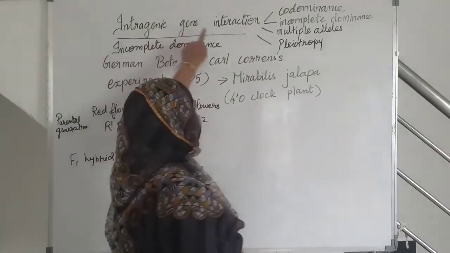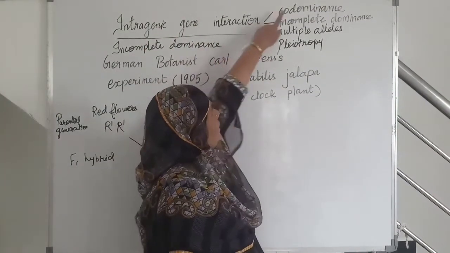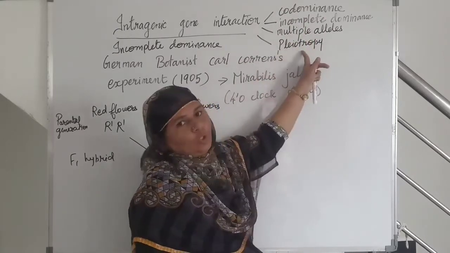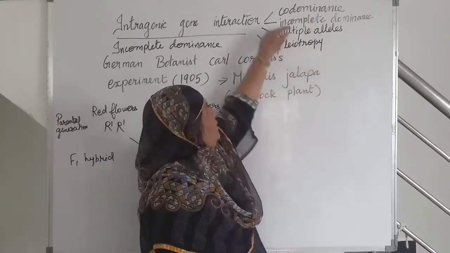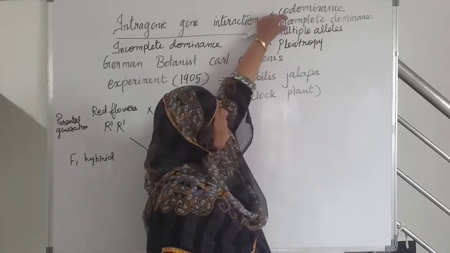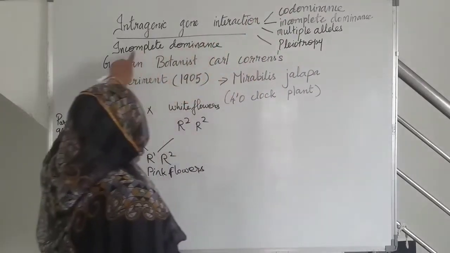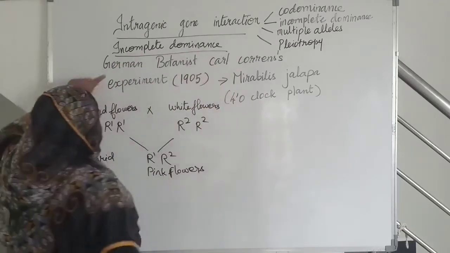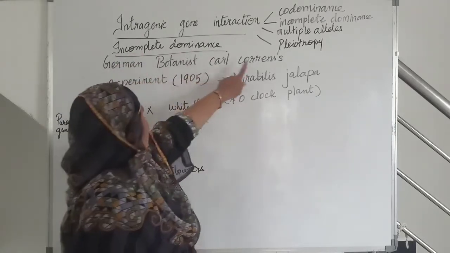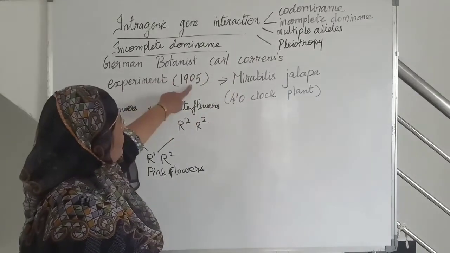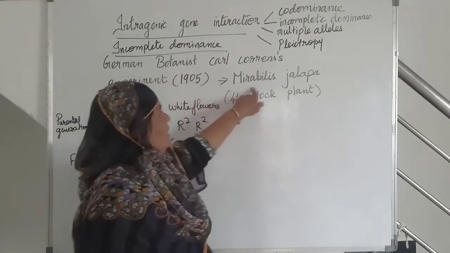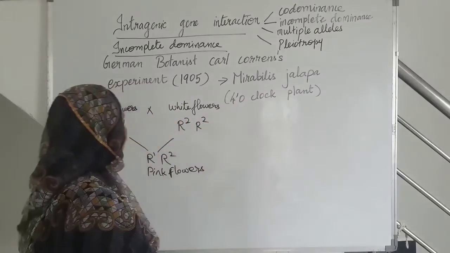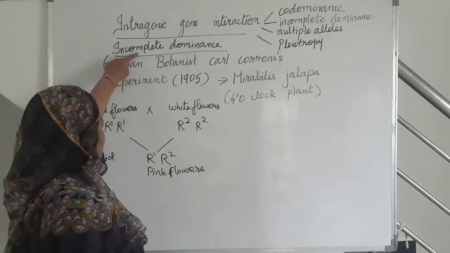The intragenic gene interactions include codominance, incomplete dominance, multiple alleles, and pleiotropy. First we are going to see incomplete dominance. The German botanist Karl Correns' experiment in 1905 with Mirabilis jalapa, or the four o'clock plant, is an example for incomplete dominance.